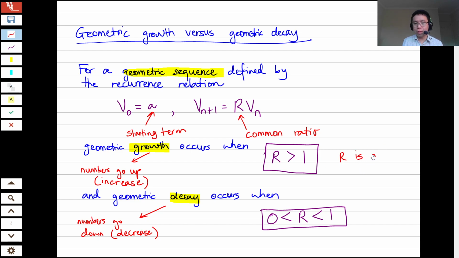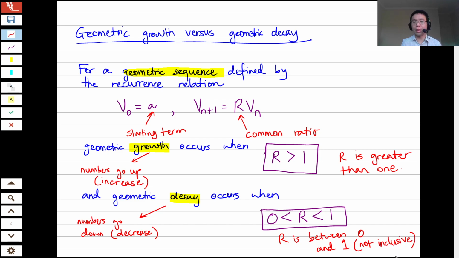So I'll write this in words just so that it's clear. R is greater than 1, and R is between 0 and 1. Not inclusive. So we're not including 0 or 1 in this instance.